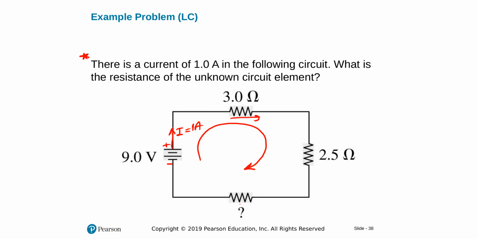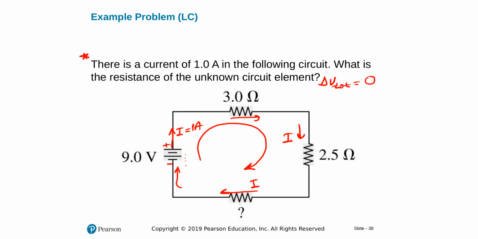We have just one loop, and all the resistances in this loop are connected serially. We'll get to that soon. We'll have the same current. Applying the loop rule, delta V total is equal to 0.